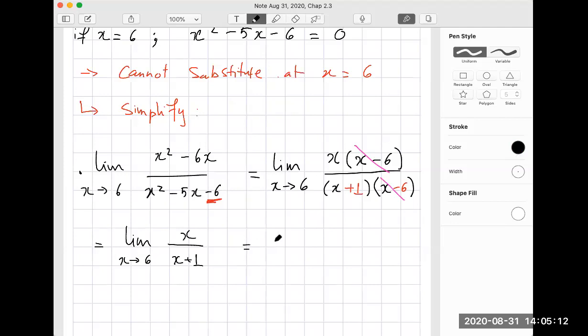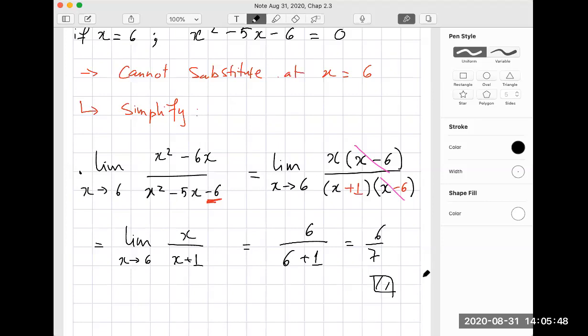Now, at x equal to 6, x plus 1 is not 0. Therefore, we can substitute, right? It is defined. So we can simply substitute, and it will be 6 divided by 6 plus 1, which is 6 over 7. Right? Is it clear? Very good. How about people on Zoom? Is that okay? Very good.